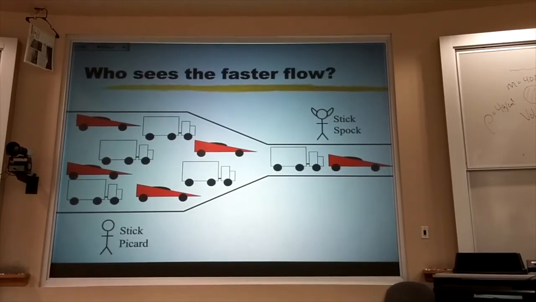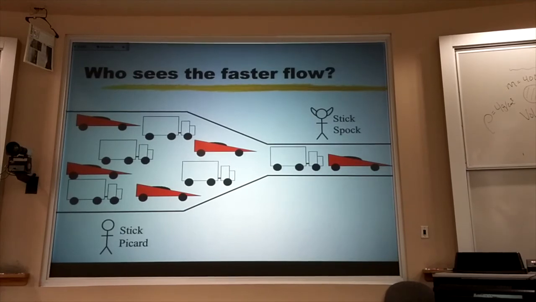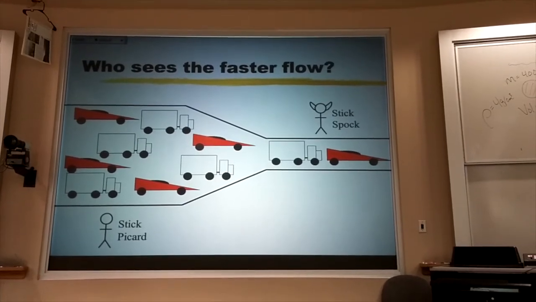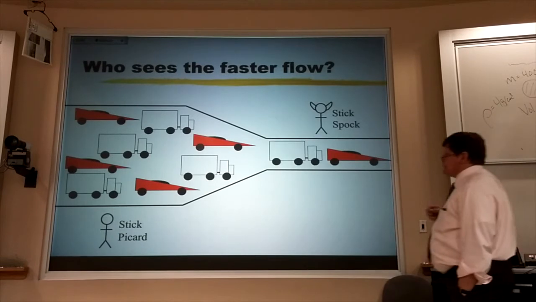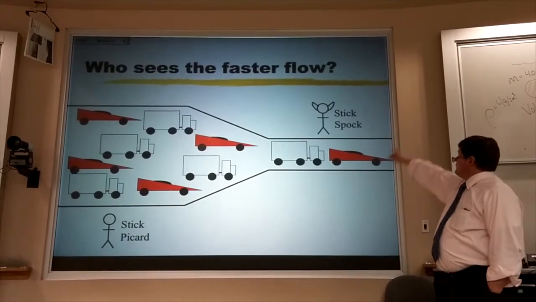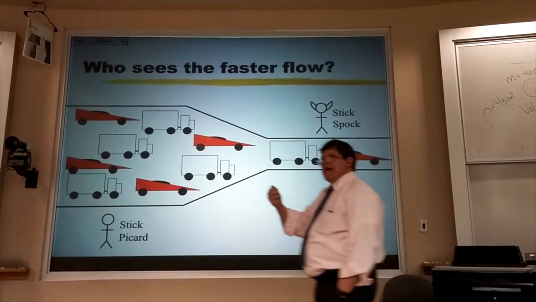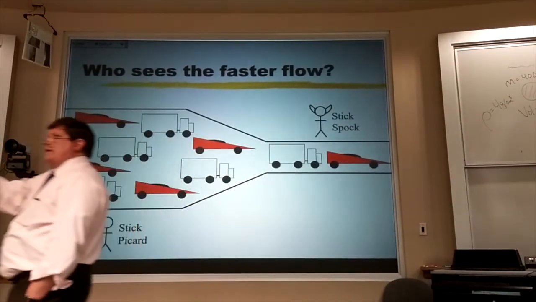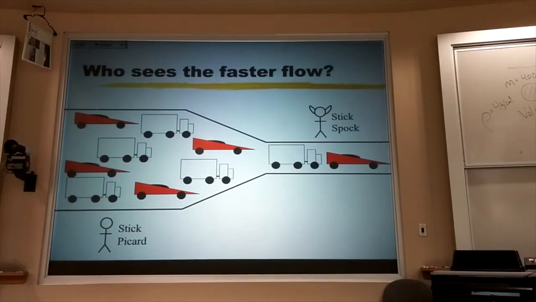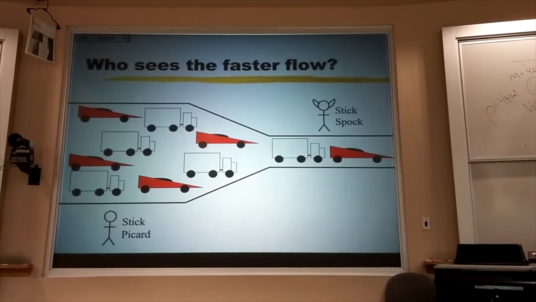We go down to a highway that suddenly goes from 4 lanes to 1 lane. That's frustrating. And we're doing a research project, so we plant Stick Picard and Stick Spock at these 2 locations, and we give them each one of those counters that the greeter at Walmart has. And Stick Picard and Stick Spock count each car that goes past them.